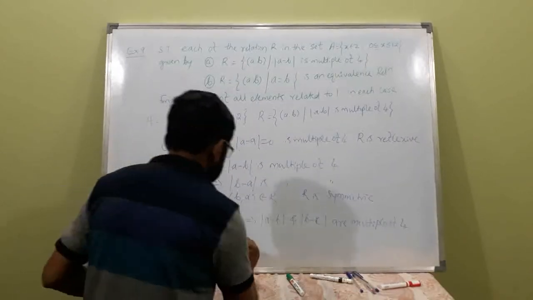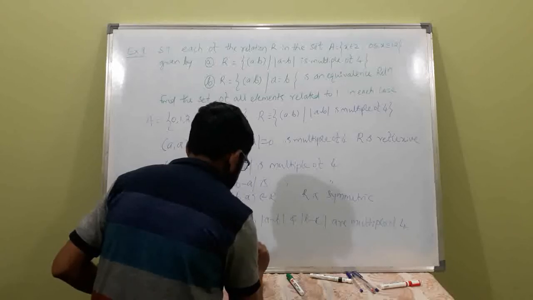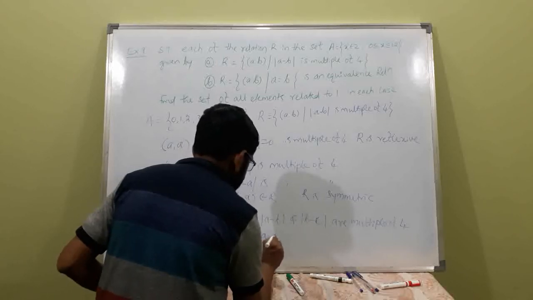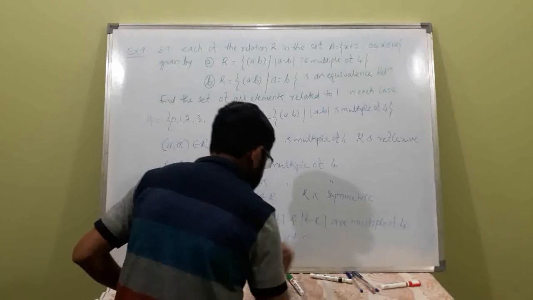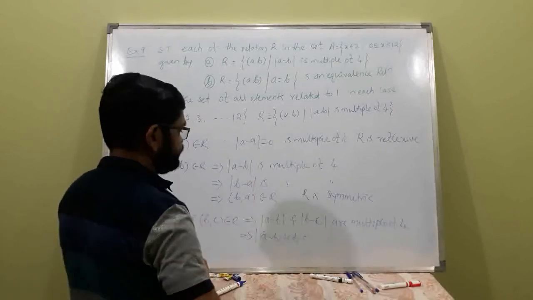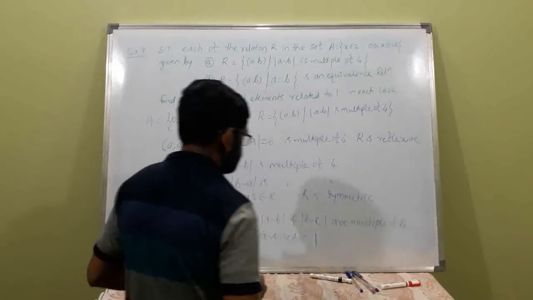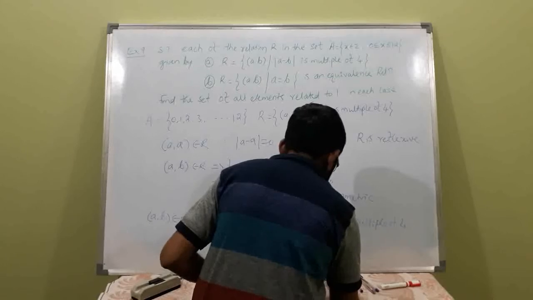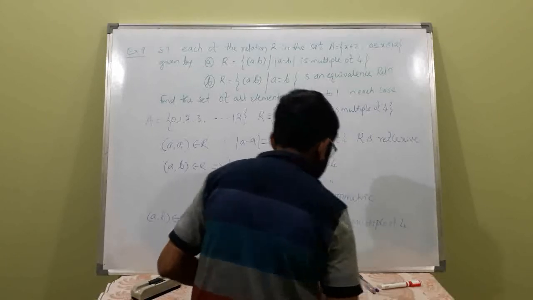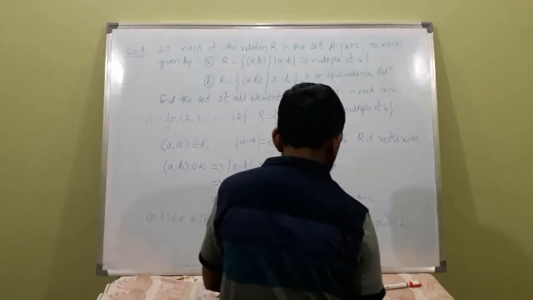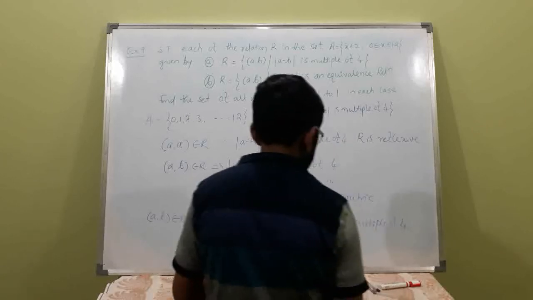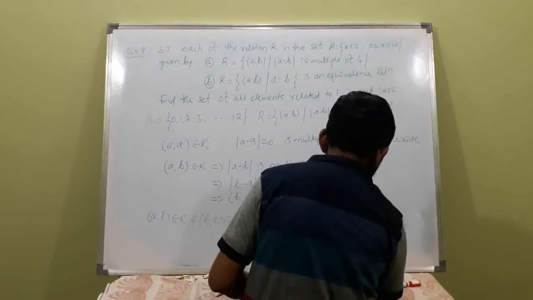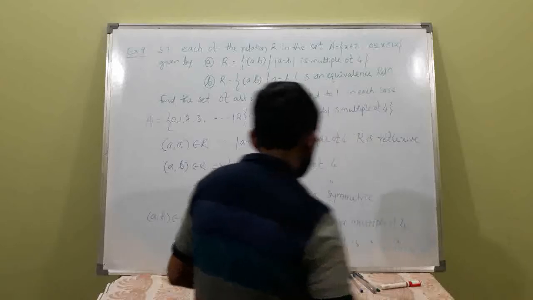This implies a minus b plus b minus c under modulus is equal to a minus c. a minus c is a multiple of 4.